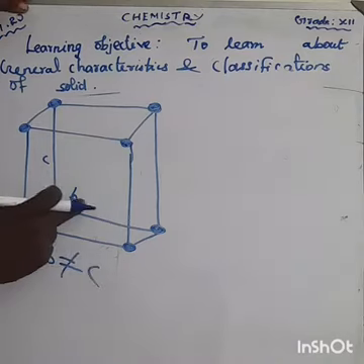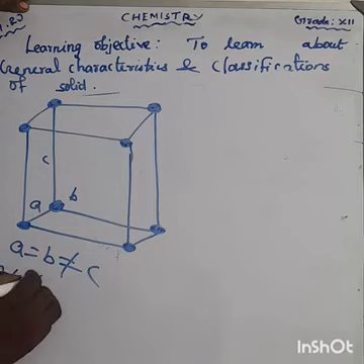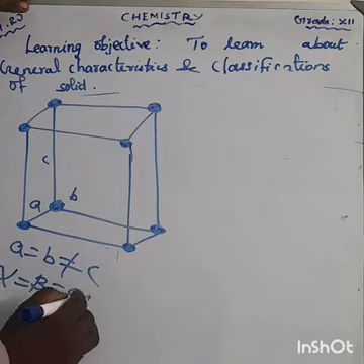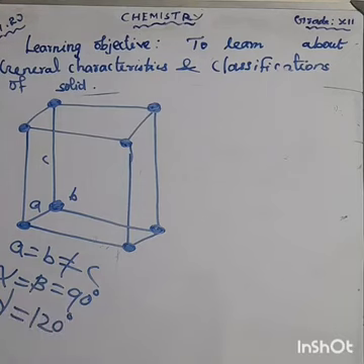Alpha is equal to beta, that is 90 degrees. But in the case of gamma, gamma is equal to 120 degrees.